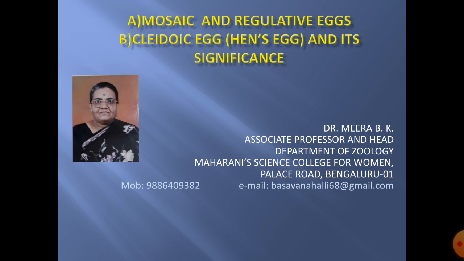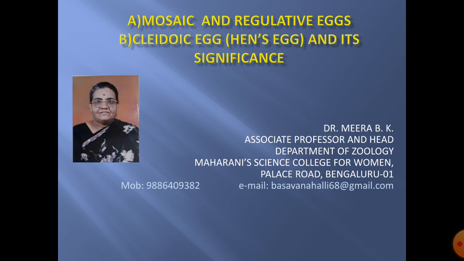One such criterion is based on their potency to develop, where we have classified animal eggs into mosaic eggs and regulative eggs. The potency of the egg forms the criterion, and there is another criterion by which animal eggs can be classified, that is presence or absence of a leathery calcareous shell.